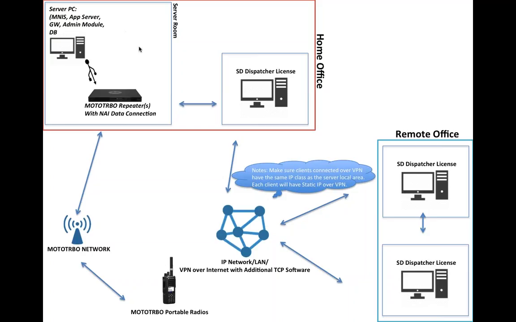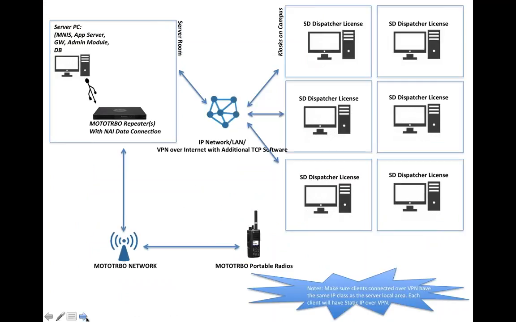Okay. There are also other different ways to configure a radio system. So here's another example where you have a main server in a server room connected to a set of Moto Turbo repeaters, which are NAI enabled, and there are also several client PCs, dispatch PCs in kiosks on a campus.